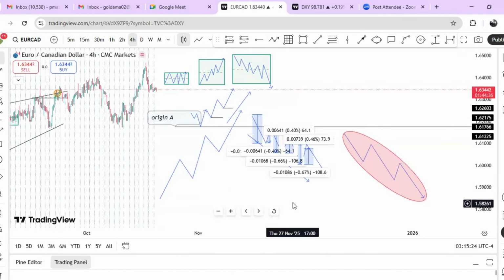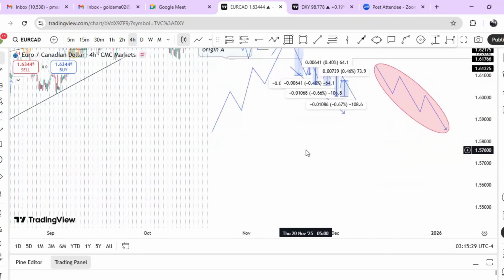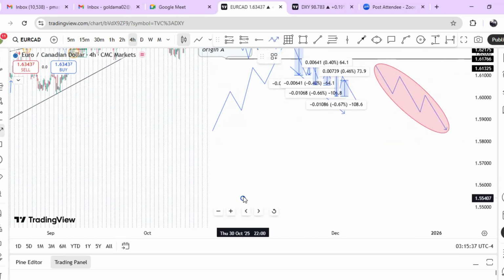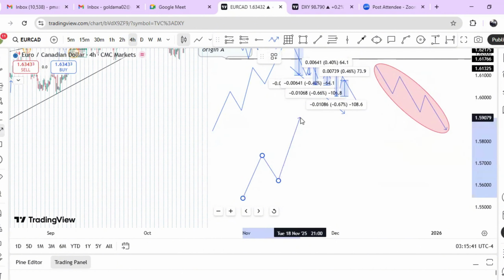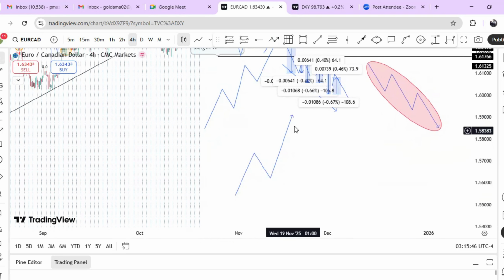Then how do we engage? What do we trade? You just look for two impulses and engage, because two impulses validate the trend. What do I mean? You need an impulsive push, correction, impulsive push. In as much as you've seen impulse, correction, impulse, the trend is valid. You look for your candles and you engage.